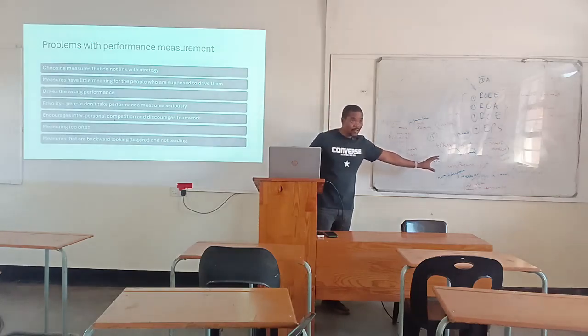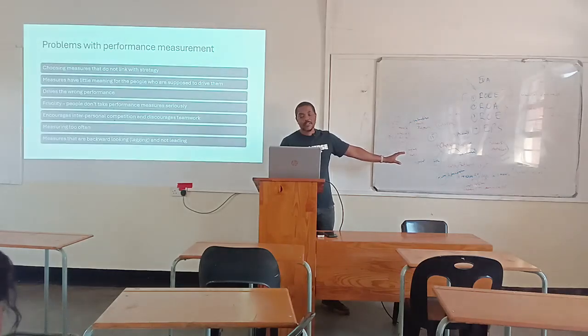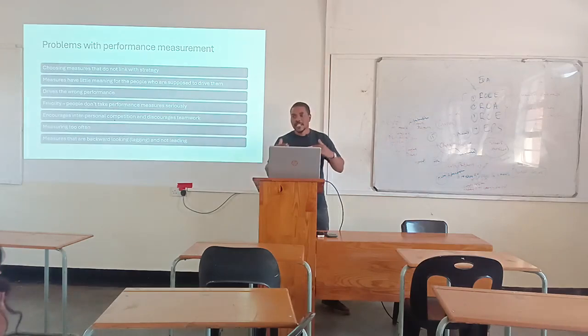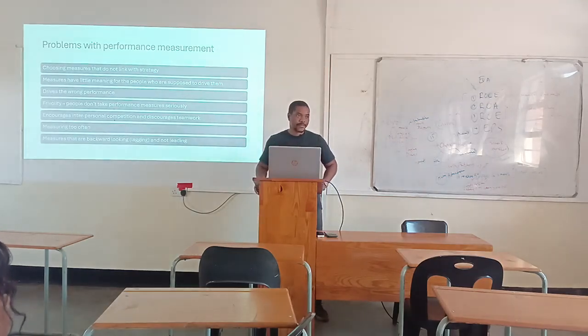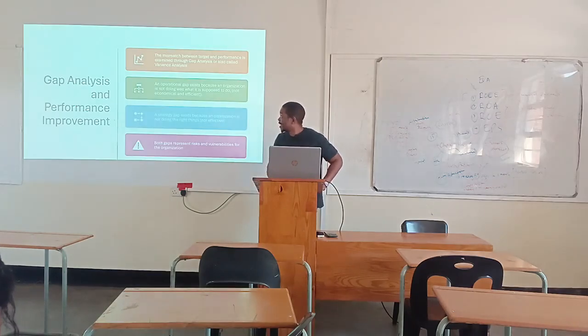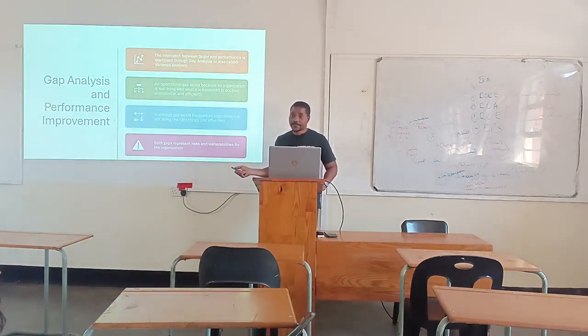We said these are actions that have to be taken. So, if the actions are there, what else has caused the slackness in performance to go down? That's why you see we're going to look at this gap analysis and performance improvement. We're actually coming there.